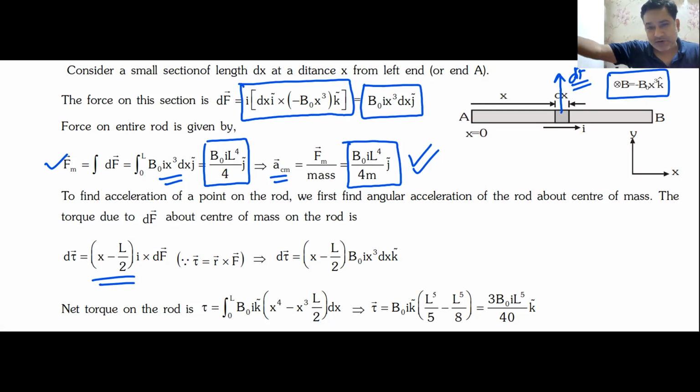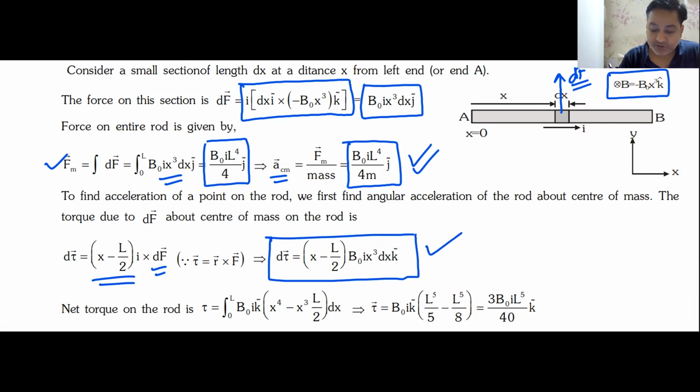I'm assuming that the point is on the other side of the center of mass, multiplied by the force dF. That will be the small torque that I get. Are you getting this point, beta? Yes, sir. That is the most important aspect of this question.